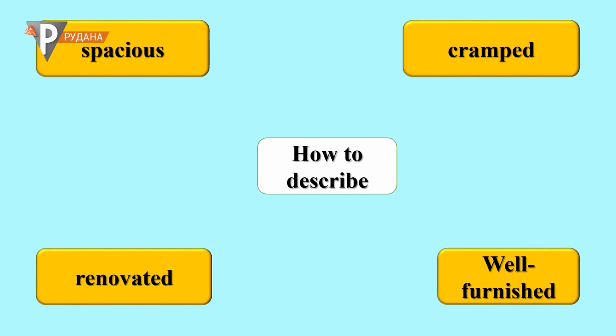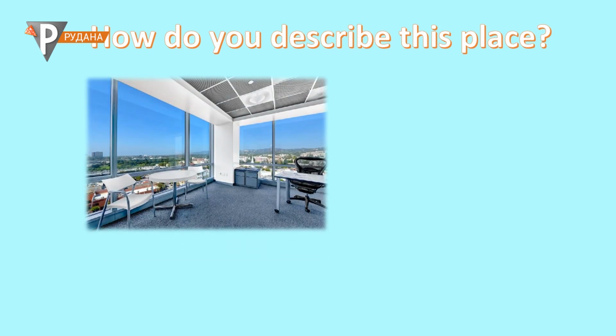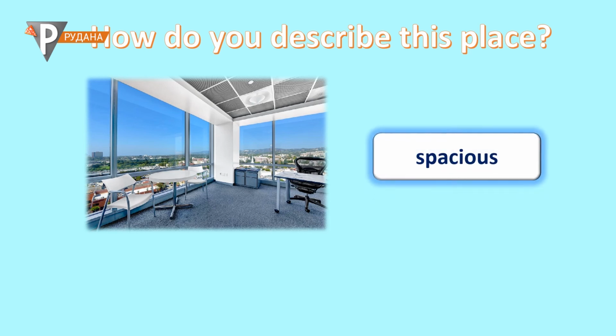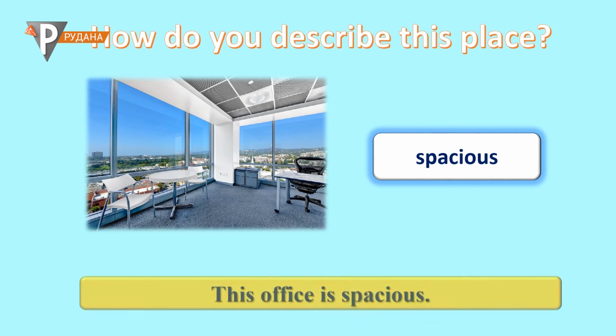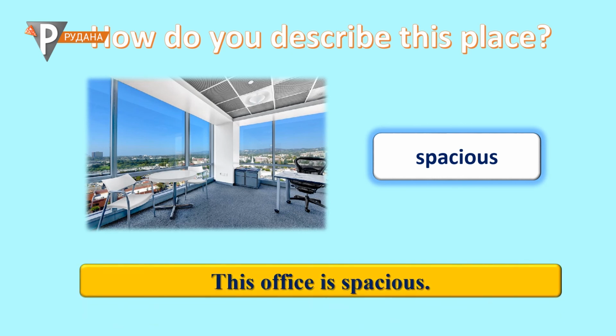Look at the pictures and describe places. How do you describe this place? This space is spacious. Or we can say this office is spacious. Look at the building where she works. Where does she work?